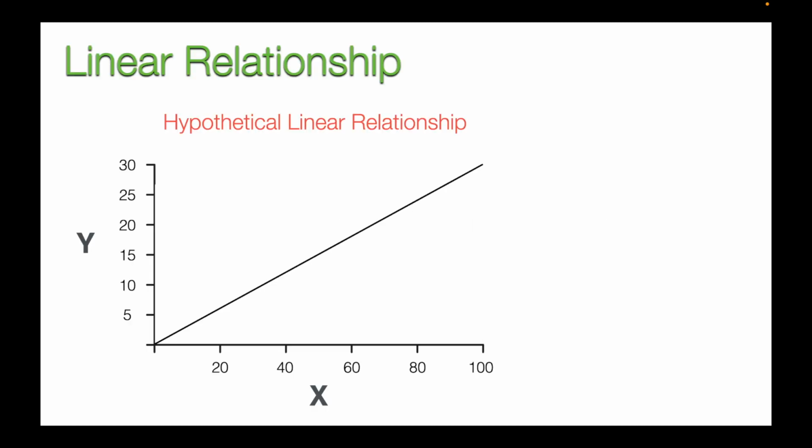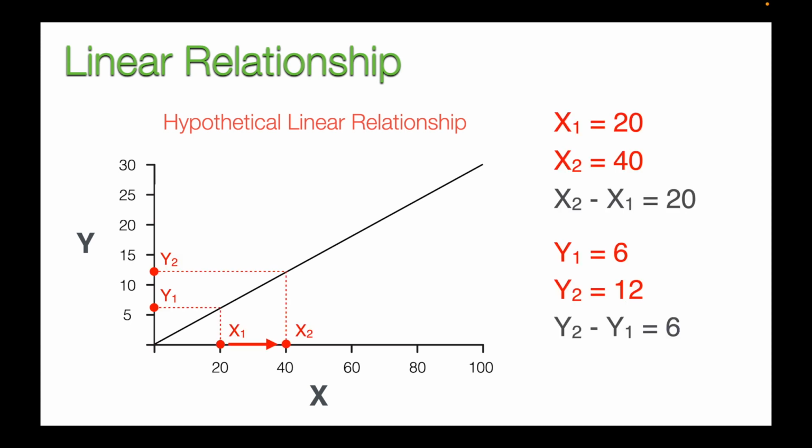This is a hypothetical linear relationship. The x-axis, think of that as your input to the model, and the y-axis would be the output. In a linear relationship, the rise over run, or slope of the curve, is constant. So if we make a 20-point move on the x-axis, on this particular line we make a 6-point jump.